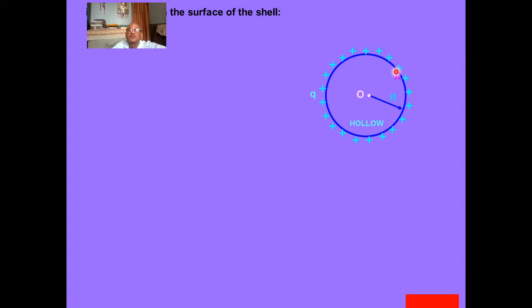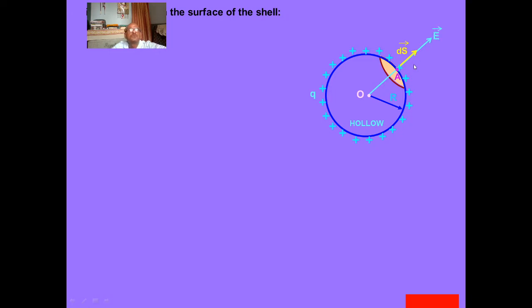So the Gaussian surface will be the same as the surface of the sphere. Again we take a small element area at point A, whose area vector will be this, and the electric field is also along the same direction.